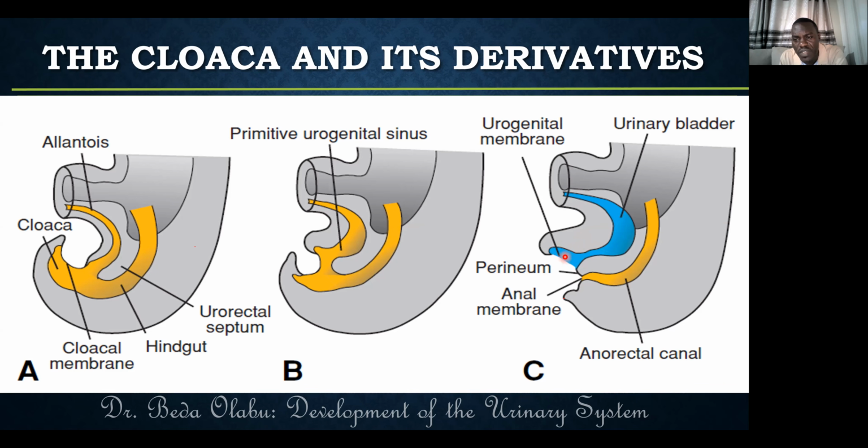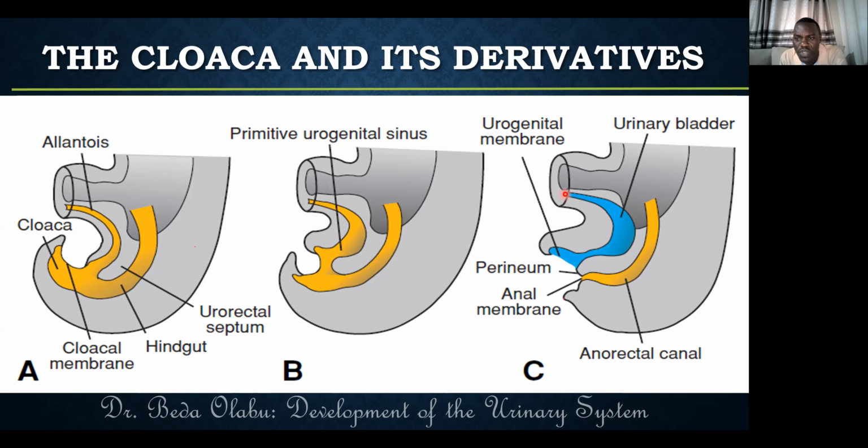Partly it will give us the vagina and derivatives that will give you the prostate gland. But let's ignore the components of the reproductive system for now. So the component of the urinary system that comes from the urogenital sinus is urinary bladder and urethra.